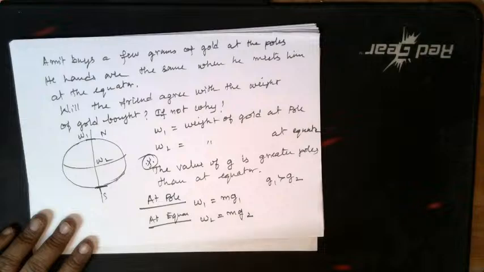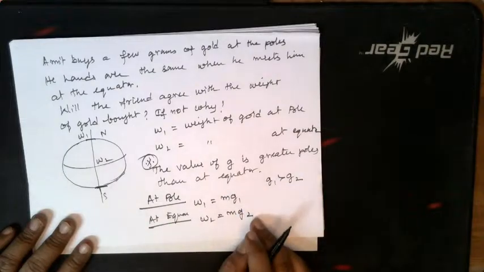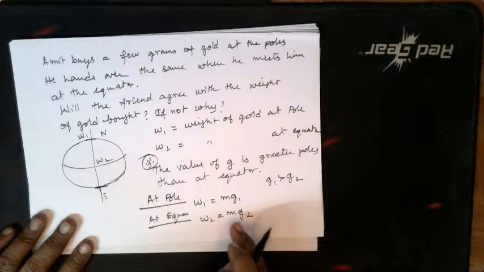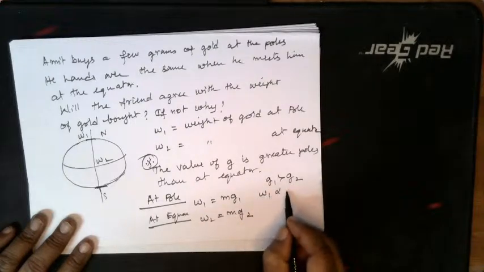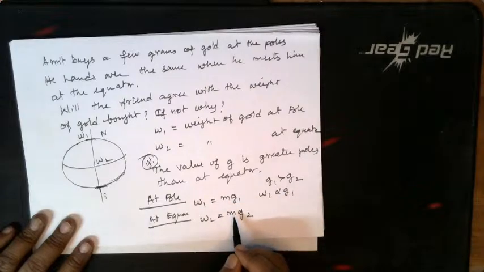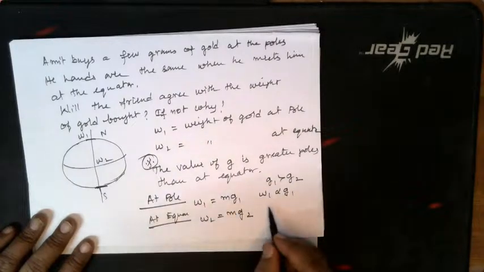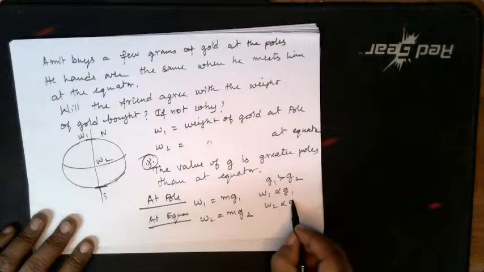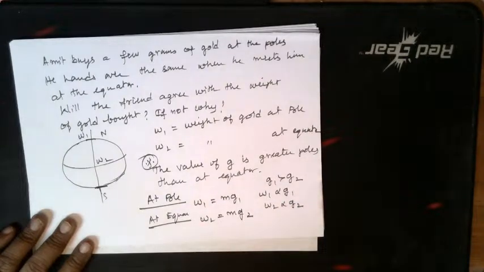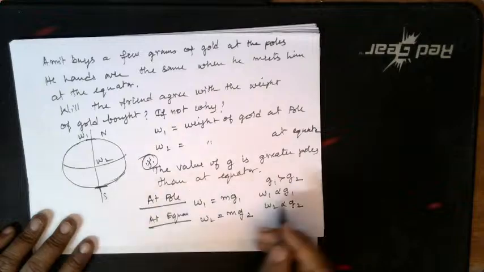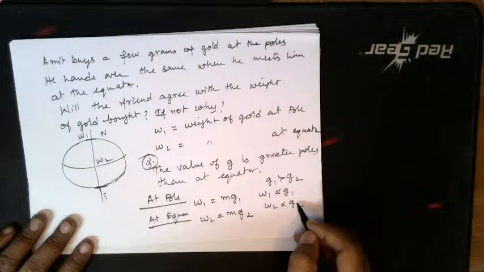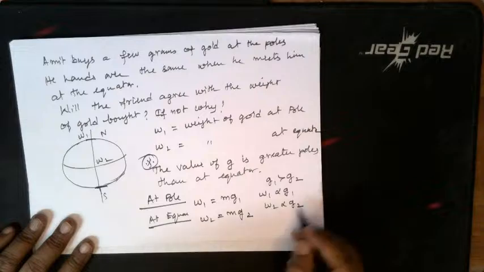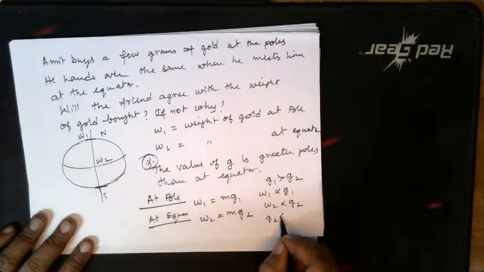Got this point? If g1 is greater than g2, because mass is the same here, W1 is proportional to g1. Mass is not going to change, but we are talking about weight only. W2 is proportional to g2. Now g1 is greater than g2, it means g2 is less than g1.